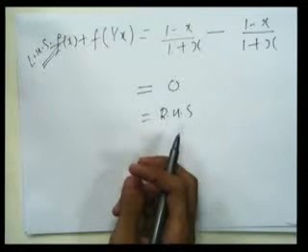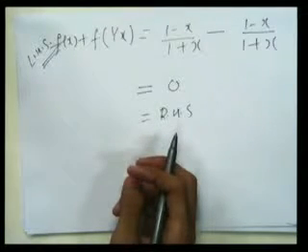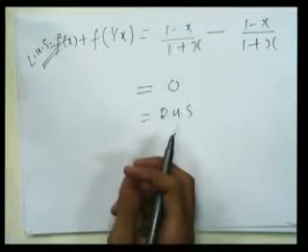So we have solved this example that f of x plus f of 1 upon x is equal to 0. This example was asked in July 2010.